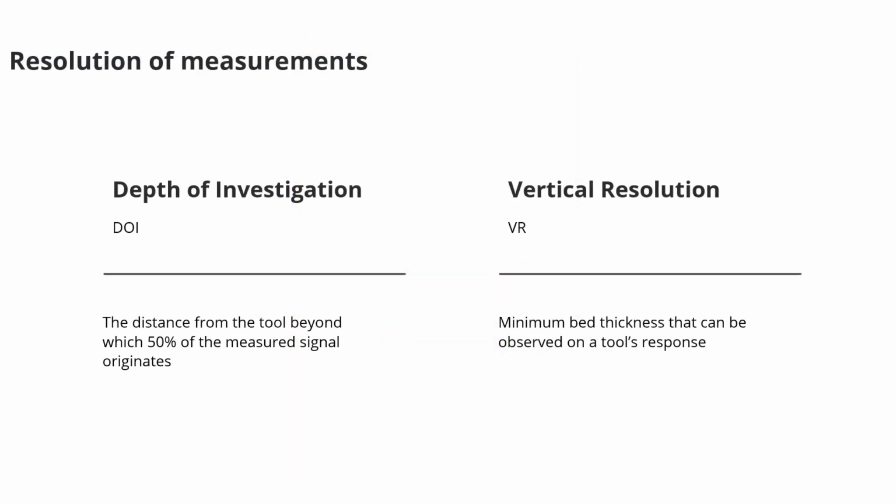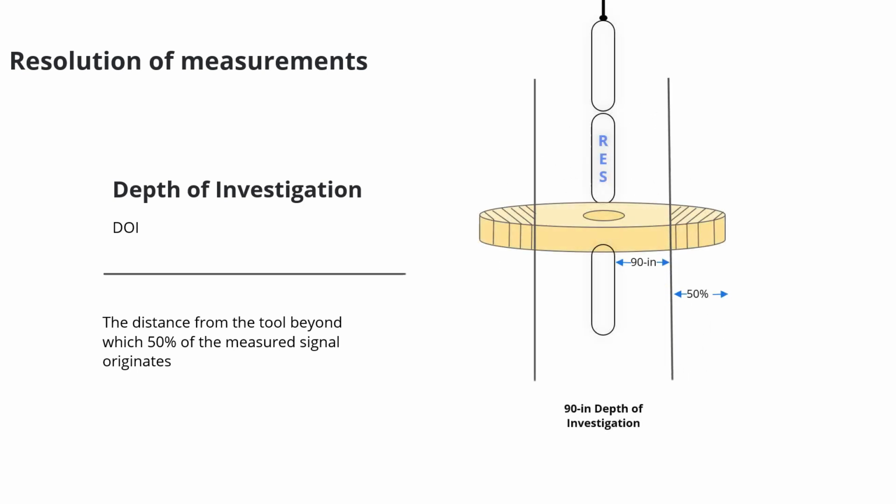In this section, we'll discuss the resolution of the measurements for resistivity tools. If you read the dataset for an induction, lateral log, or micro resistivity tool, you will find two key concepts: depth of investigation and vertical resolution. Depth of investigation is defined as the distance from the tool beyond which 50% of the measured signal originates.